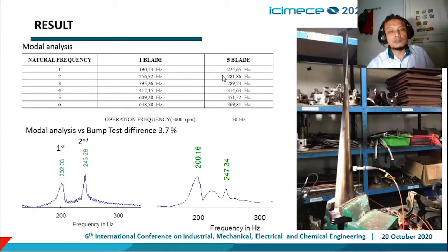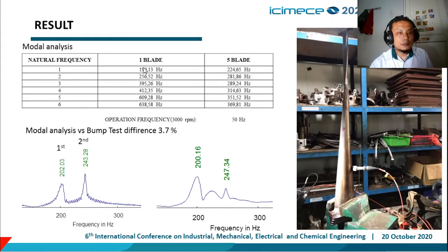This is the result comparing actual measurement using CSI, bump test, and the modal analysis result for the 1 blade and 5 blade system. Here we can see for the 1 blade system, compared with the bump test, the difference is 3.7%.